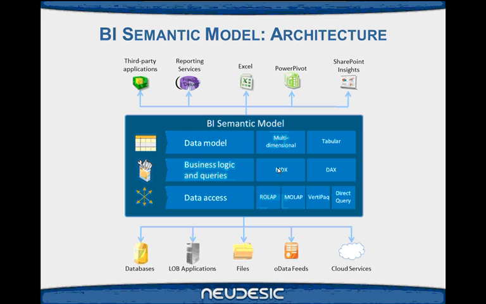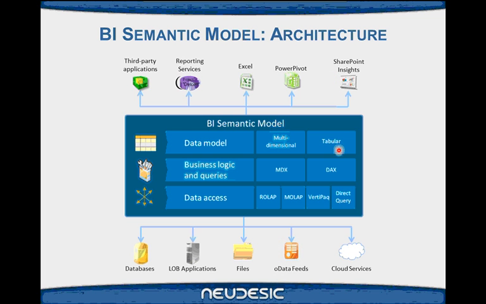It takes MDX business logic and queries. And at the data access layer, you could either use ROLAP, you could use MOLAP. MOLAP being a cached mode, ROLAP being more of a real-time mode. And as you can see, you could connect with third-party applications, Reporting Services, and Crescent and Power View, Excel, PowerPivot, and also SharePoint Insights into these models.